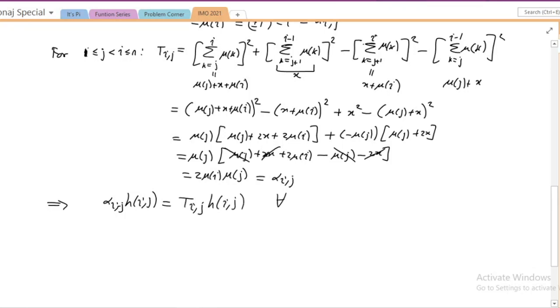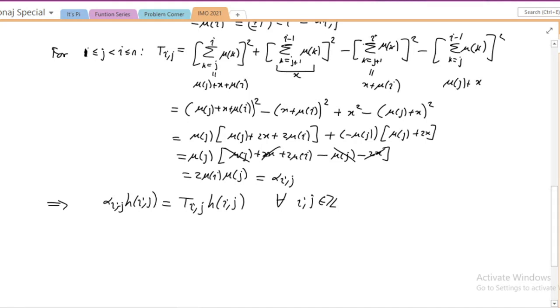This is now for every i and j integers. So in the right range, they are both exactly equal, but outside that range, h_ij is already 0, so both sides are also equal to 0. Okay, so this is what we get.